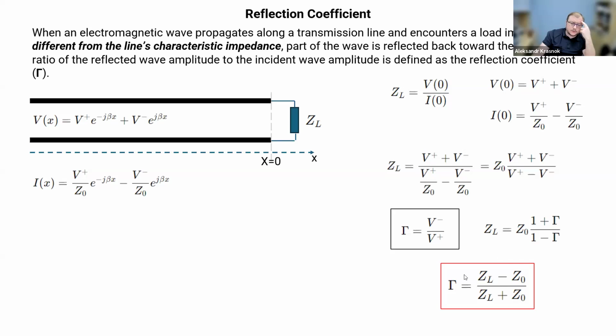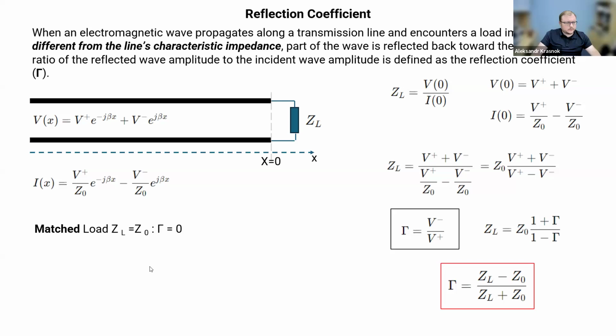The reflection coefficient is the ratio of the difference of the loading impedance and characteristic impedance to the sum of these two impedances. So let us consider several important special cases.